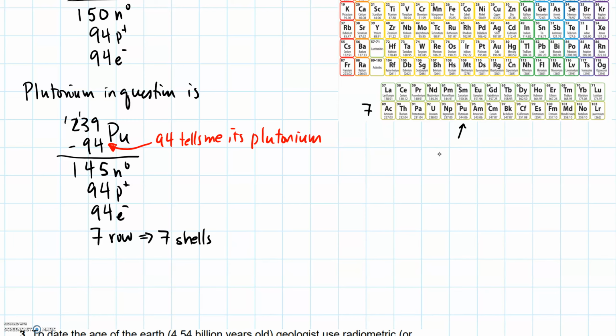So when I look at this, the two things that I need to compare are that neutron number to that neutron number.